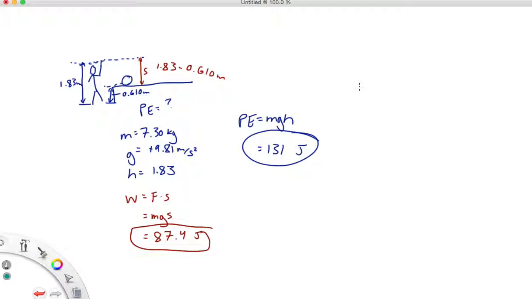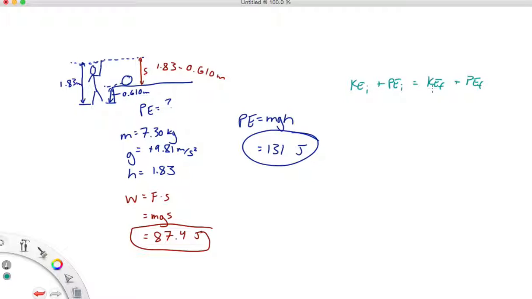So we know that the initial potential energy will equal the final kinetic energy plus the final potential energy. There's a couple ways of doing this.